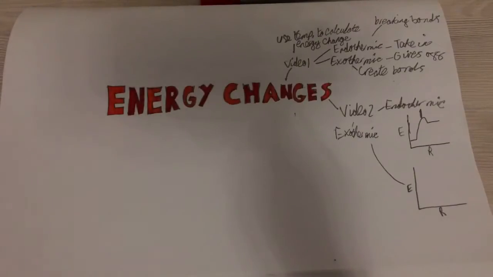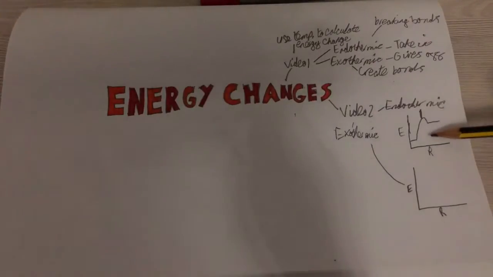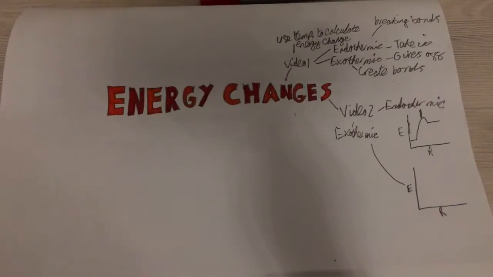So, like the splint, you have to put some energy in before anything happens, which is why there is a slight rise here that still comes down, because that's the activation energy coming out. You've put some energy in, and then it's giving that energy out because it doesn't need it, because the products have all the energy that they want. They've broken all the bonds that they want.